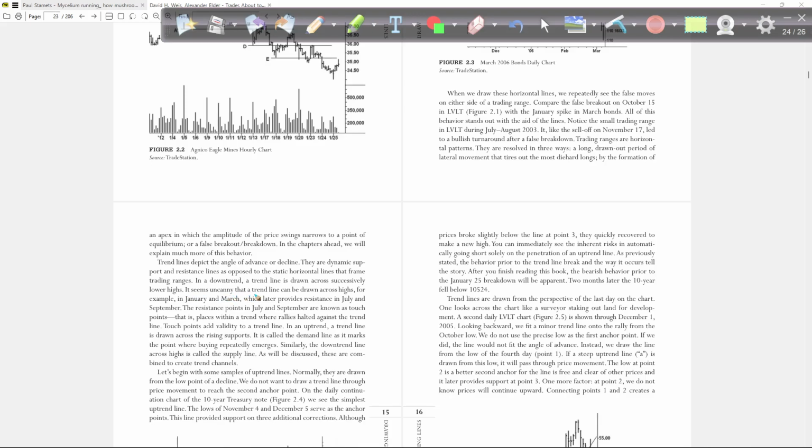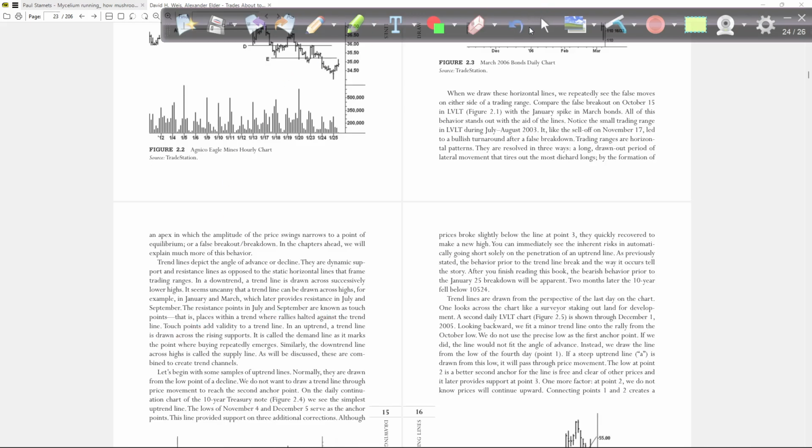It seems uncanny that a trend line can be drawn across highs, for example in January and March, which later provides resistance in July and September. The resistance points in July and September are known as touch points.